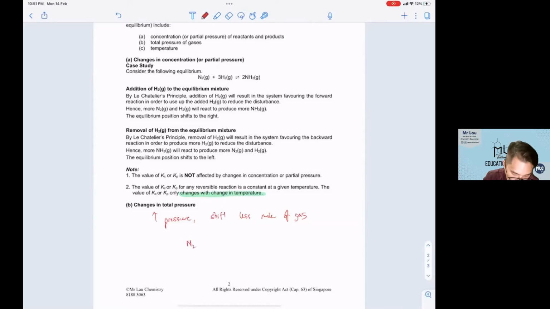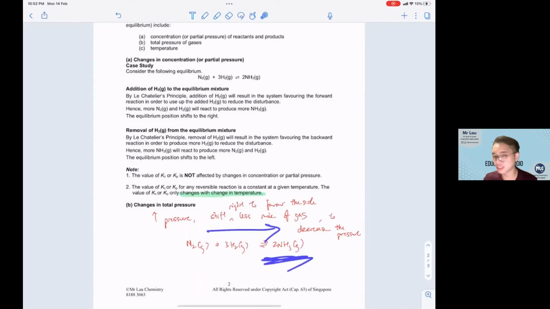So back to the same equation, N2 gas plus 3H2 gas, giving you 2NH3 gas. If you increase the pressure in such a system, it will shift to the right to favor the side with fewer moles of gas to decrease the pressure.